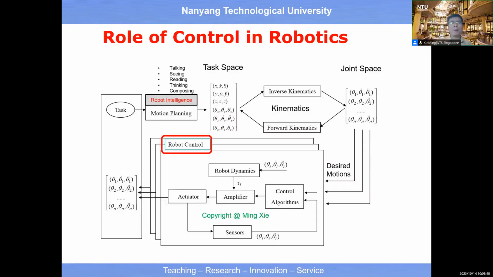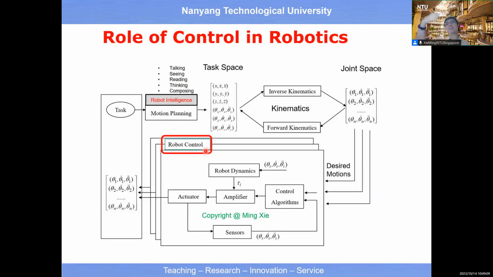And from this slide, just now you saw planning here. Now we focus on the control. Then you see the outer loop of a robot's control system involves perception, planning, control.